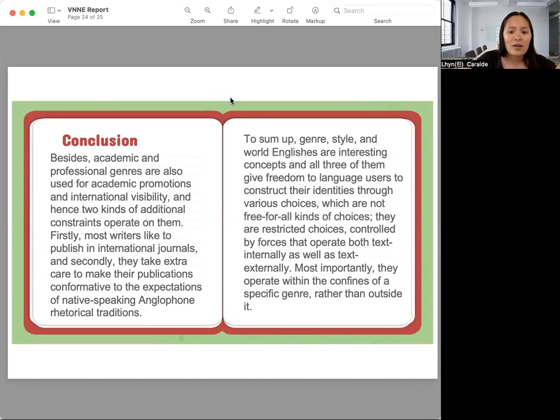So their right usage of English in academic and professional genres is one way of promotion.